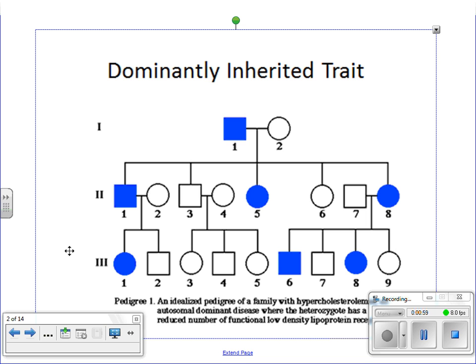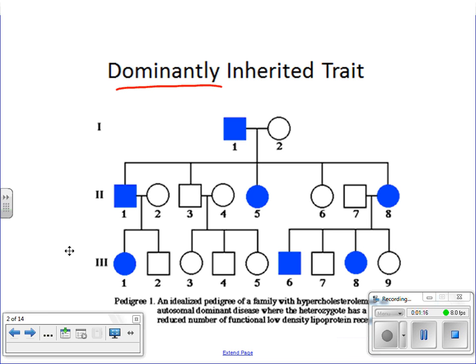The first example I have is of a dominantly inherited trait. When you're going through a pedigree, I feel that the best way to start categorizing what trait is what is by starting at the bottom. With a dominantly inherited trait, we know that a person with a dominant allele, one that is shown over another, is going to be the one that comes up.